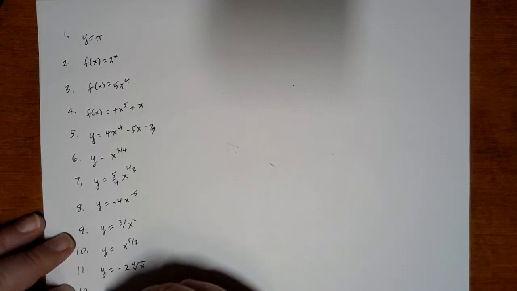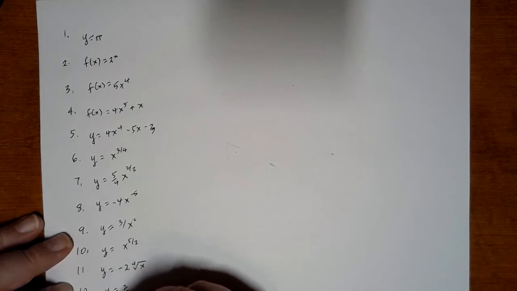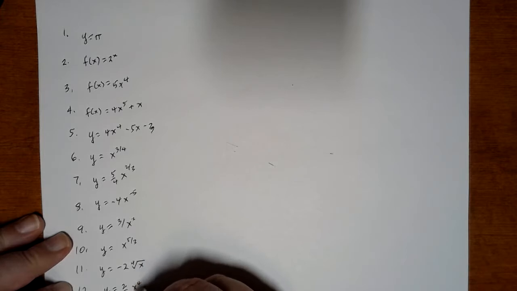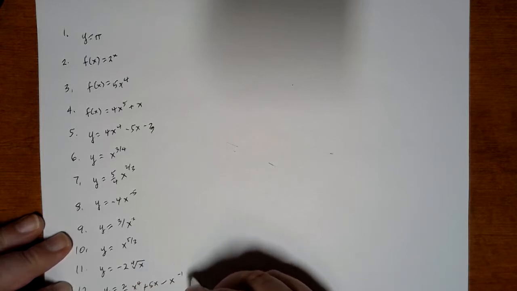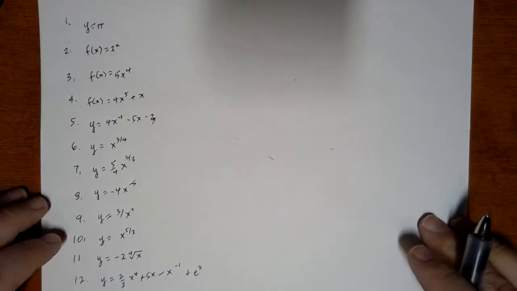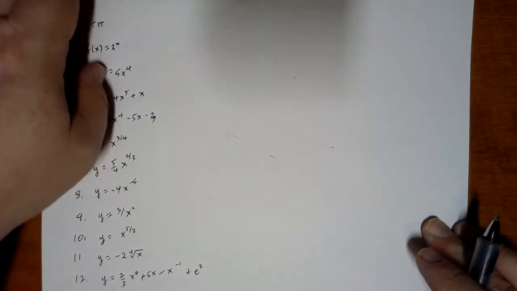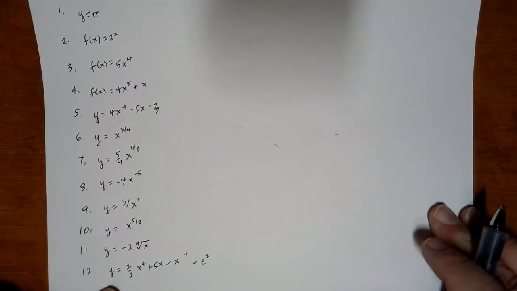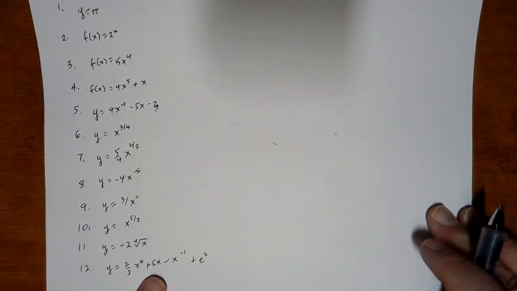And number 12, y equals 2/3 x to the 4th plus 5x minus x to the minus 1 plus e squared. Oops, ran out of space there. You see that? The last one is 2/3 x to the 4th plus 5x minus x to the minus 1 power plus e cubed squared.